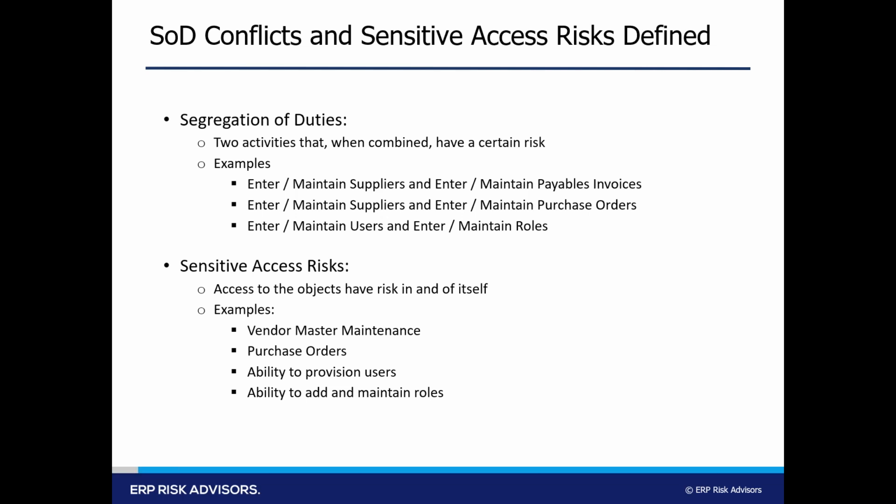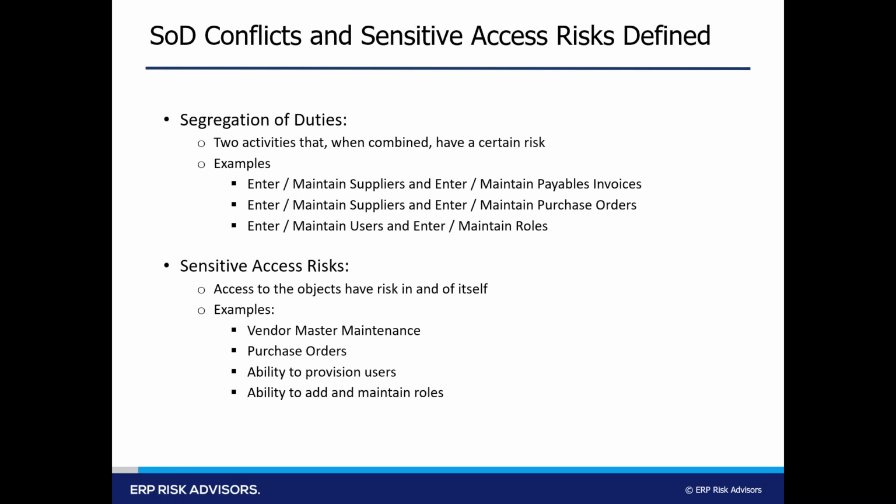We're going to certainly talk about SOD conflicts in subsequent sessions, but my opinion is, during the implementation, what typically happens is roles are designed to make sure they do the jobs that are necessary for a system to go live. There's not a lot of negative regression testing asking the question, do roles have access to things they shouldn't?